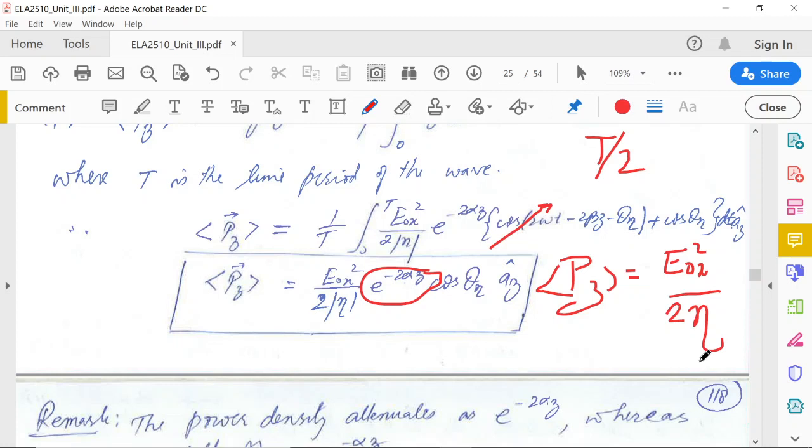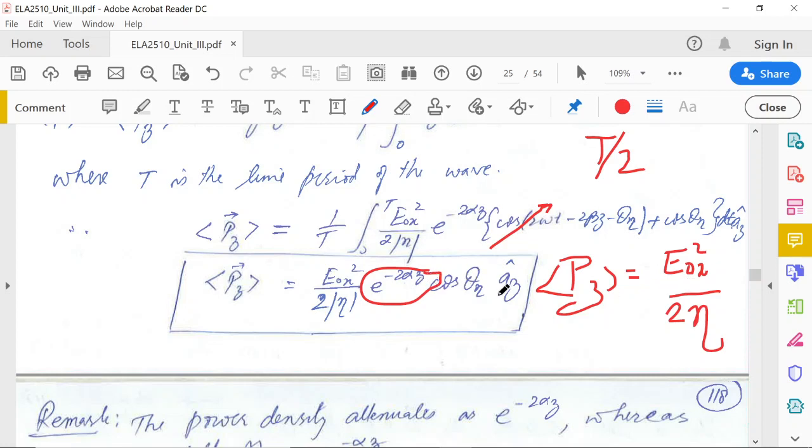In free space, generally we are dealing with EM waves in free space, because in general the communication channel is free space, for example in wireless channels. In that case, we use the time average power density E0x squared by 2η. Once we know the magnitude E0x and η, we can find the power density. Now it will be constant because it is lossless.